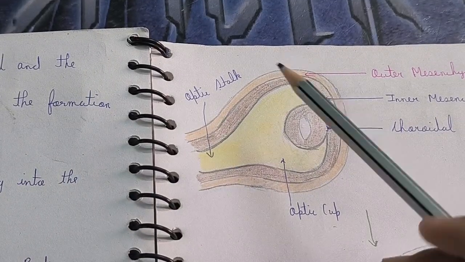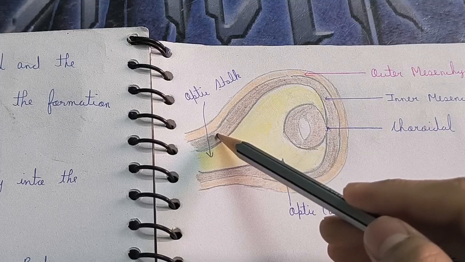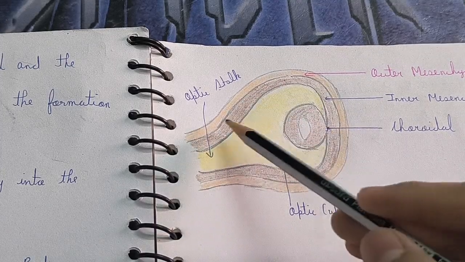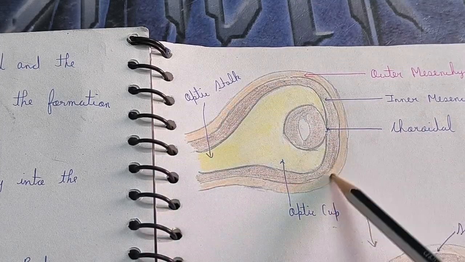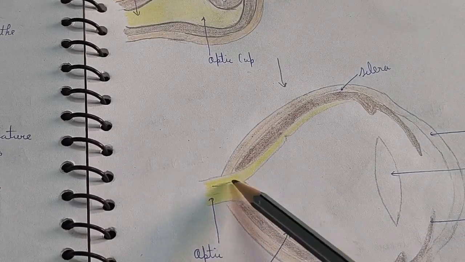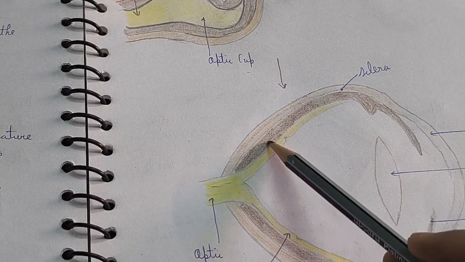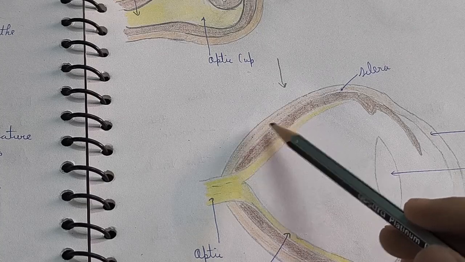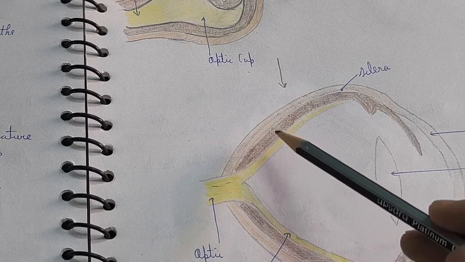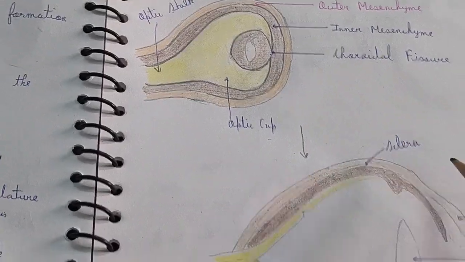Now the next part is about the development of the sclera and cornea. So friends, this is the optic cup, this is the inner mesenchyme surrounding the optic cup, and this is the outer mesenchyme surrounding the optic cup. As you already know, the optic cup develops into the retina and the inner mesenchyme develops into the choroid, but the outer mesenchyme develops into the sclera.